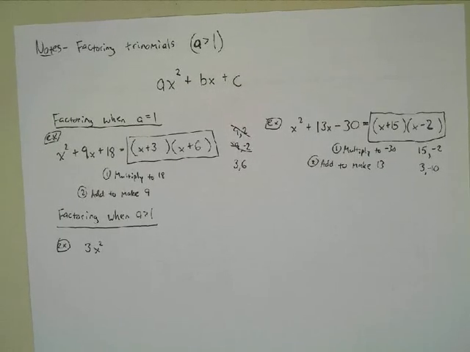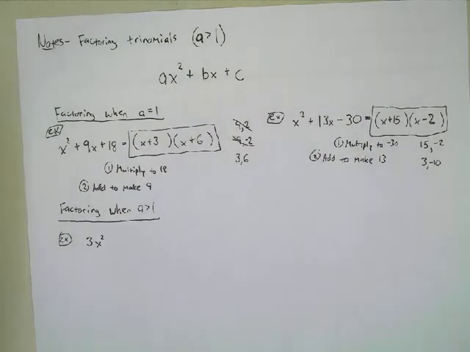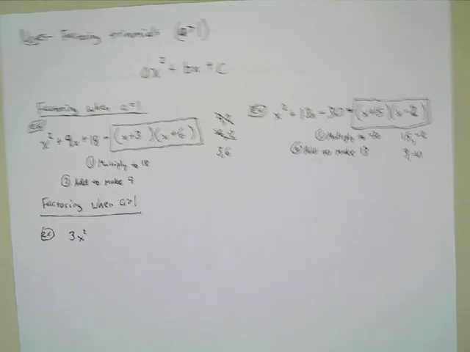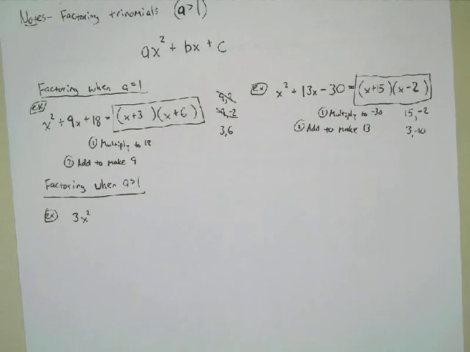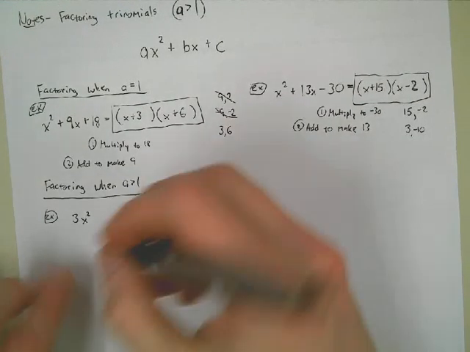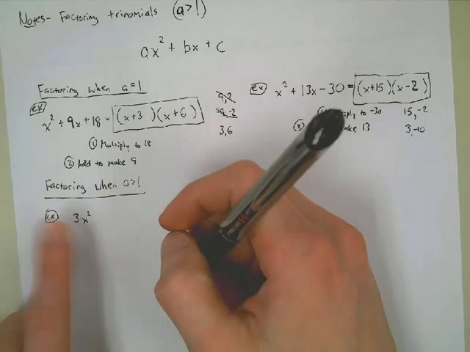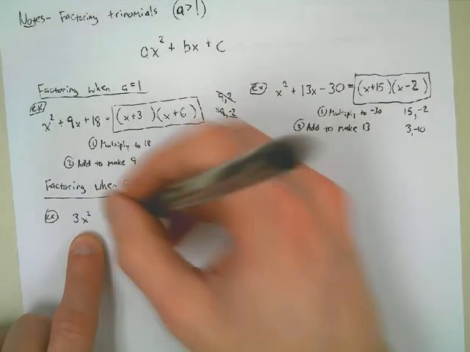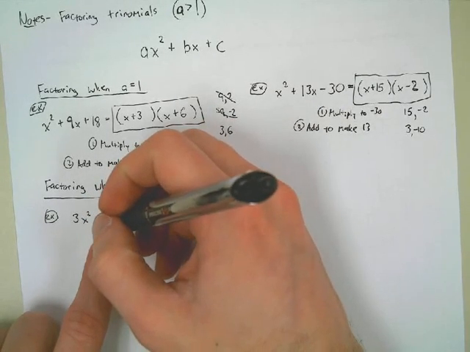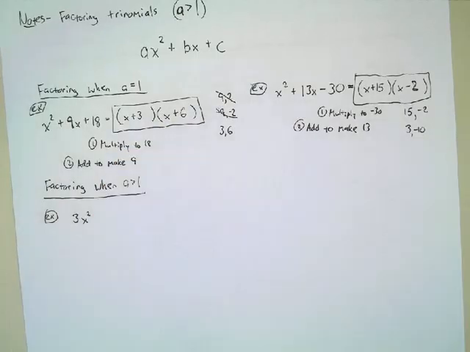So here you can see that our a in this case is 3, in front of the x squared there. So we'll say plus 10x plus 7.